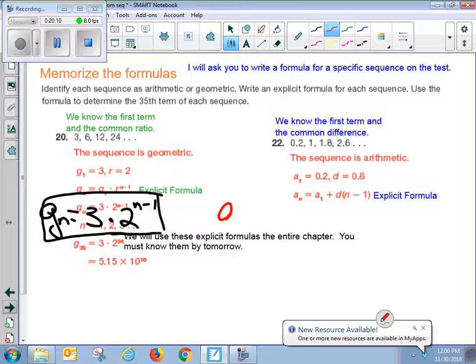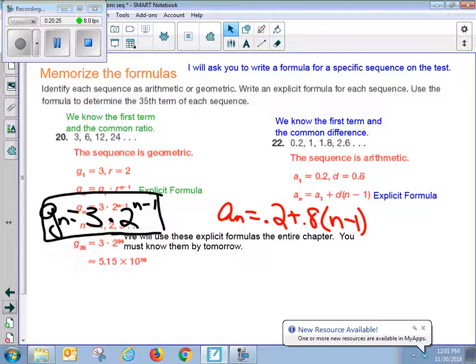So our format would be a sub n equals 0.2, which is my first value, plus, what did we say d was? 0.8 times n minus 1. That's it. Now, if I want to figure out the value of the 35th term, you're going to put 35 in for n. 35 take away 1 is 34. 34 times 0.8, then add 0.2, and it will give you your solution.